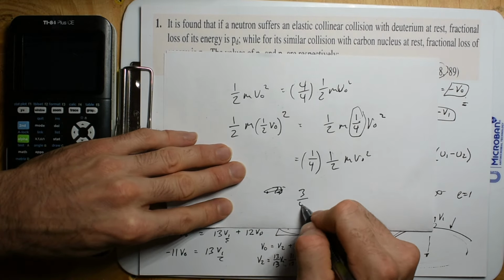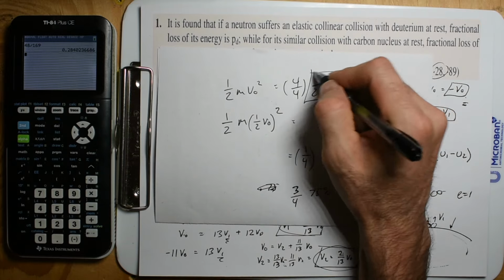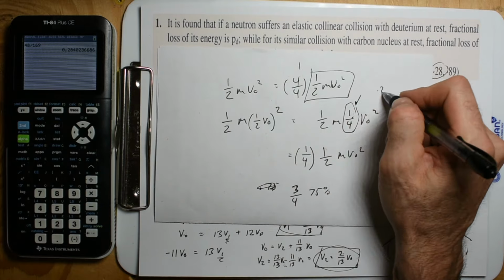All right, and that was kind of interesting because I said if we half the velocity, our energy decreases by a factor of 4, and sure it does. Our energy started at a full 1, and then we went down to 0.25. But the energy loss would be 0.75, a 75% loss.